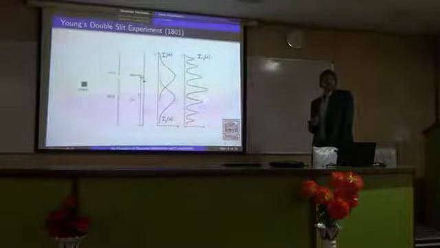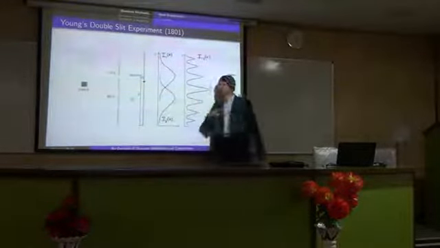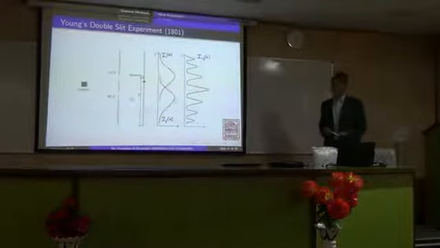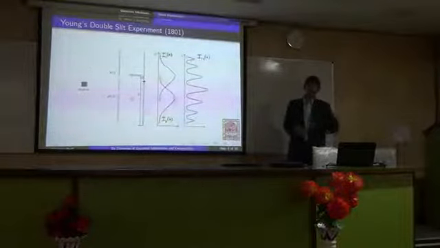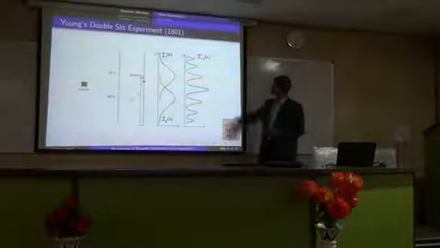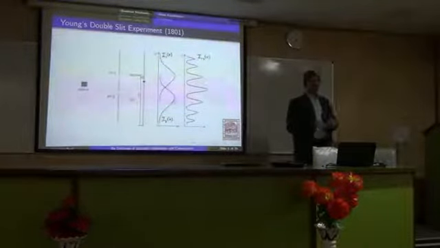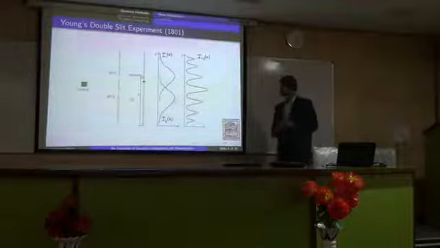If you slow down the process, so one photon comes, and then after a long time another photon comes, what do you expect? You expect that, because I have reduced the intensity and slowed down the process, these two regions will be concentrated with light, because I am expected to observe the particle nature.